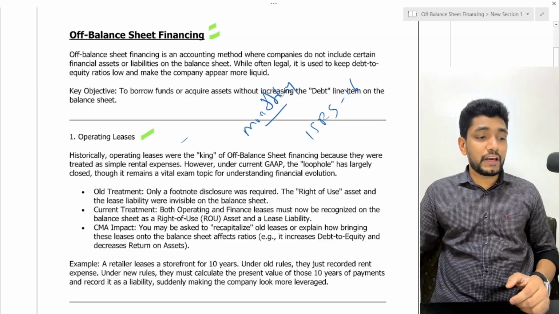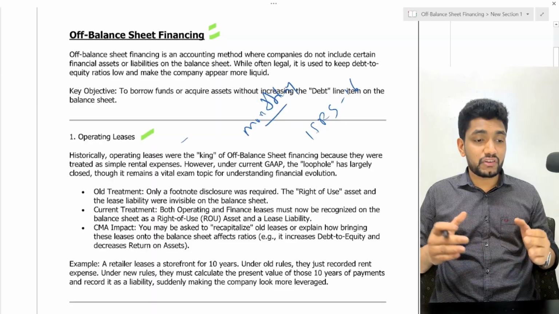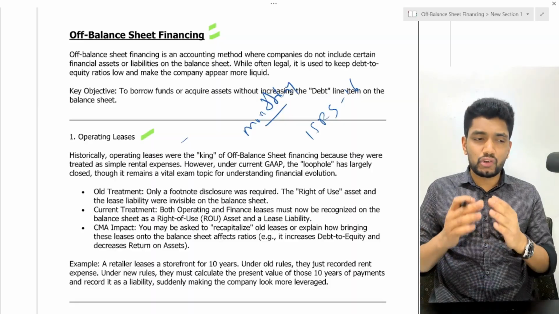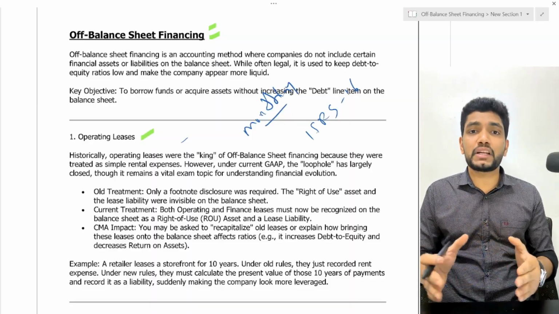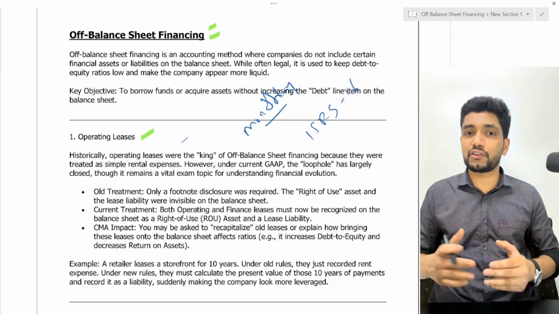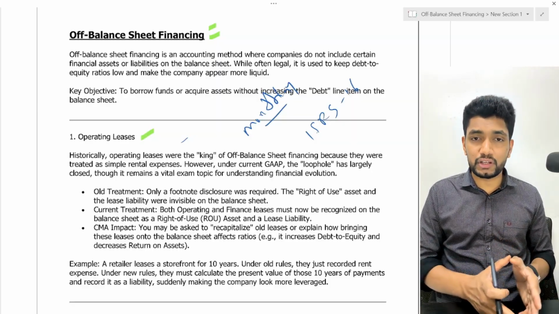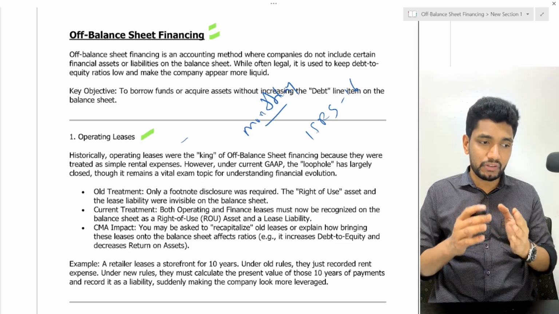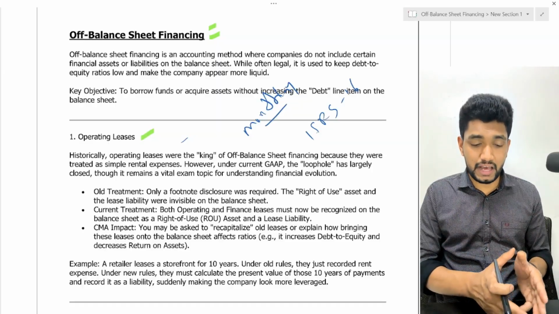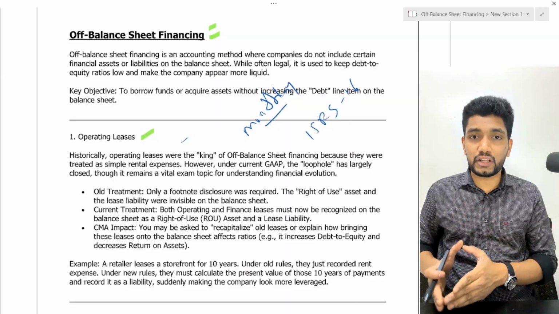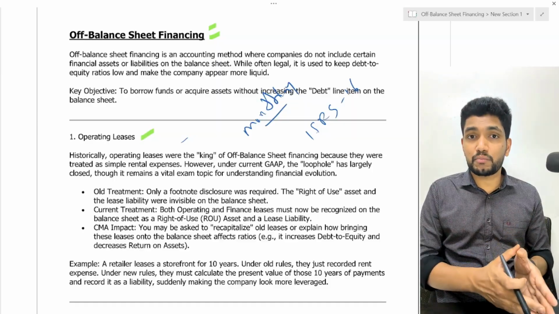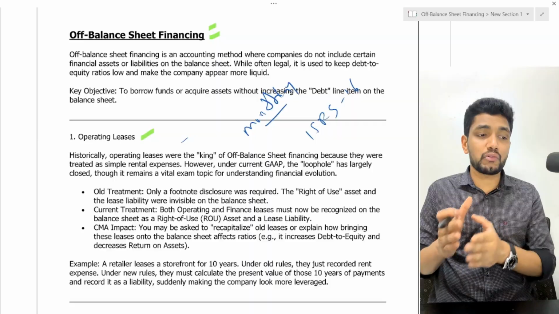So as the current treatment, both the operating lease and finance lease must now be recognized on the balance sheet as a right of use asset and a lease liability. The old treatment for the operating lease is pretty simple: we just expense the monthly expense in the income statement, that's all. But in the new treatment as per IFRS 16, we recognize the asset as a right of use asset and the related liabilities are also reported in the balance sheet. The corresponding depreciation is passed to the income statement or profit and loss account.